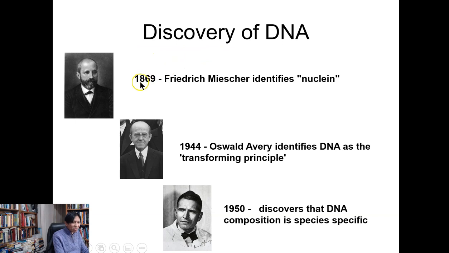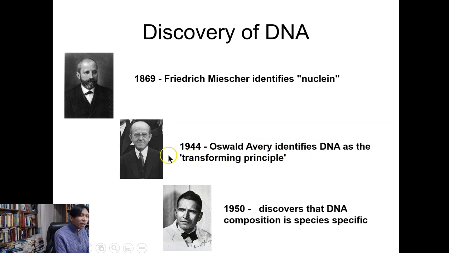Let's take a look at the history. Before 1869, nobody knew about DNA. The first person, Friedrich Miescher, a biochemist from Switzerland, identified nuclein, a kind of nucleic acid, but he didn't know it was DNA. In 1944, Oswald Avery identified DNA as the transforming principle.